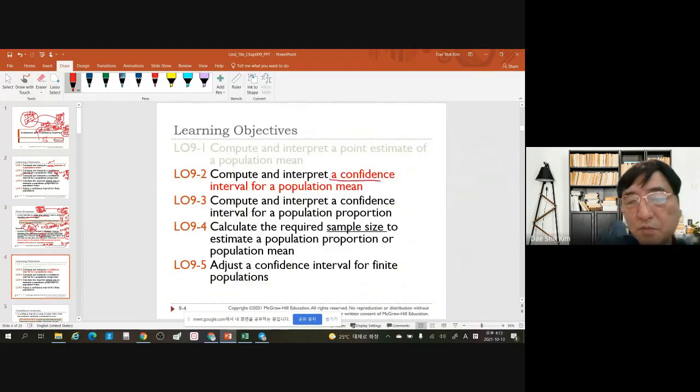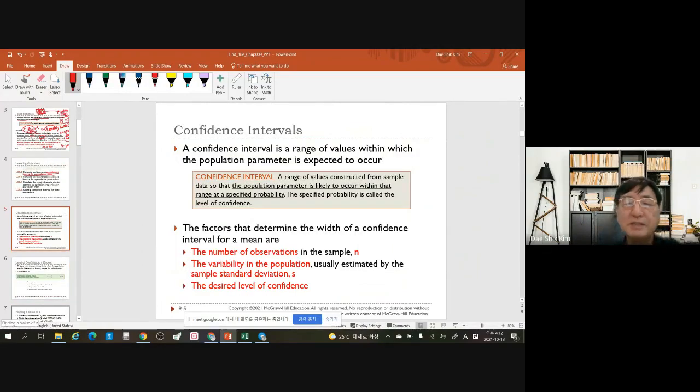Next, we will look at the confidence interval for a population mean. When the sample size is not big enough, we use a confidence interval: a range of values within which the population parameter is expected to occur. The most important population parameter is mu, the population mean.